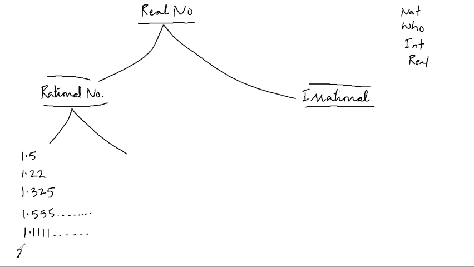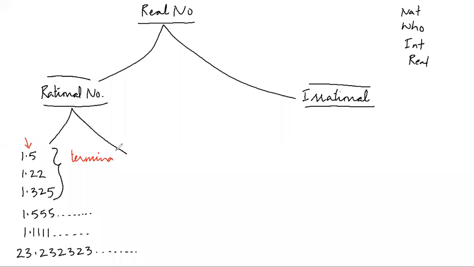Let's say 23.232323. In the same manner, it is continuing till infinity. If we closely observe these numbers, students, these three numbers, they are not continuing after this digit. In other words, you can say that they are terminating.